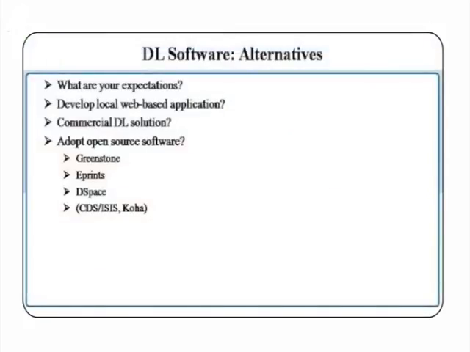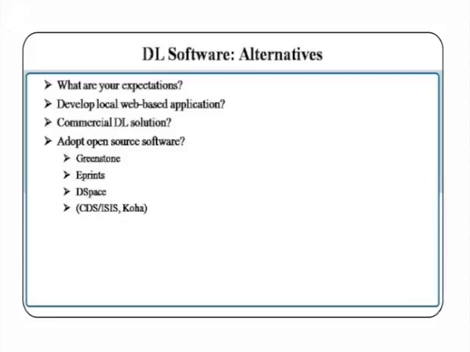And is there any alternative for DL software, or what is the expectation you have about it? Can you have a locally based application which you develop inside your organization, or you buy software and install it? Or the last option is to adopt a very popular open source software which is tested across the world.